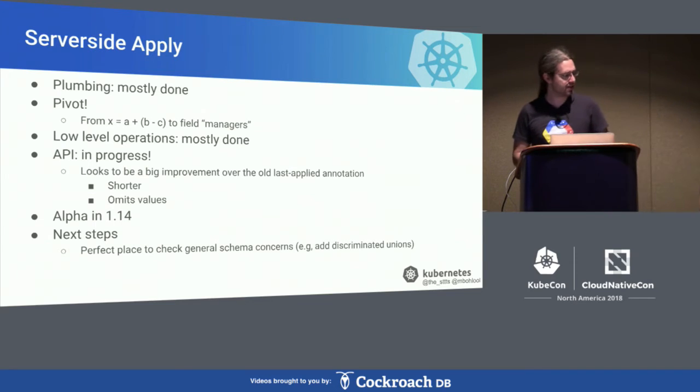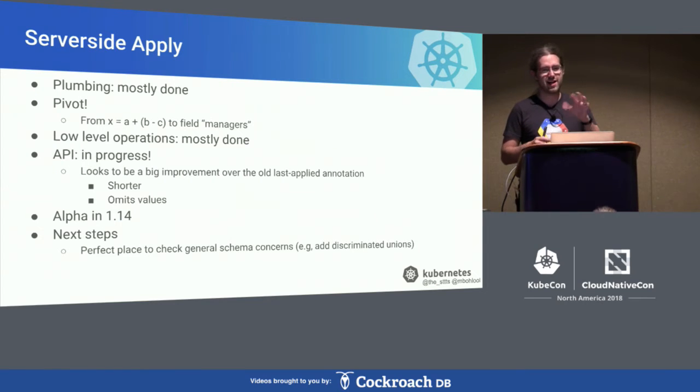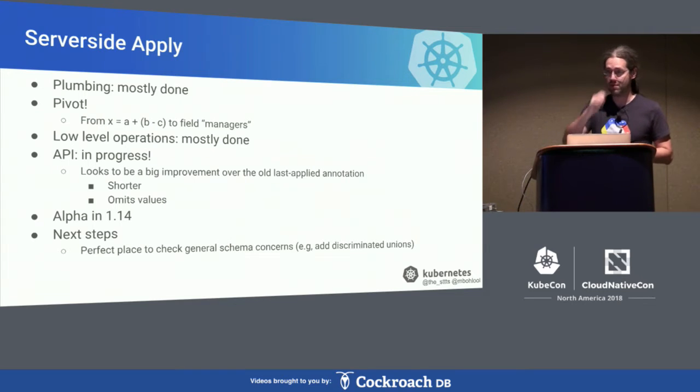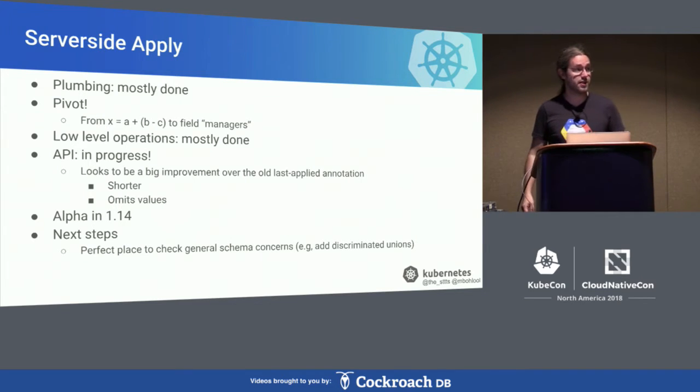Before I go on to server-side apply, I got a comment after the CRD thing and the round-tripability tests. I think it would be great to move those. We kind of have the starts of a pipeline that helps you define CRDs in the Kube Open API repo. So I think it would be really great if we could embrace that and extend it and maybe add something that generates the round-trip tests for you, or add a fixture that helps you round-trip test your conversion functions.